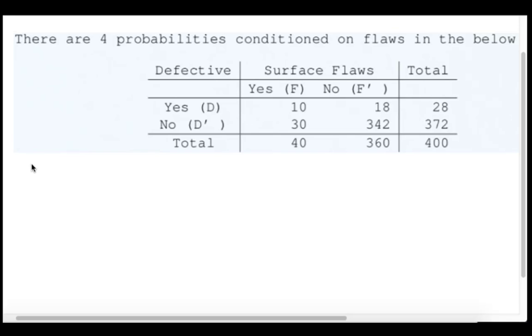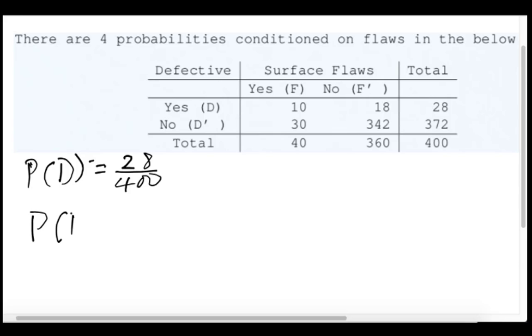Now, you want to find, you know that the probability of D is 28 over 400. It means that if you select one item at random and you have no idea about that, then this is the probability that the item is defective. However, if you find some flaws on the surface, what do you think?